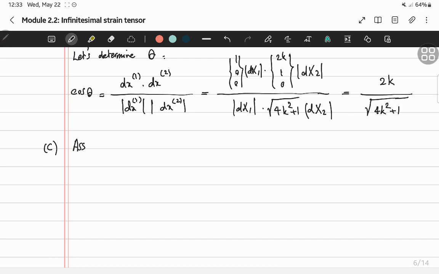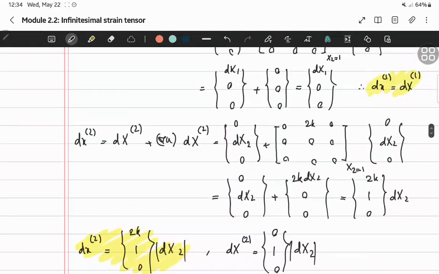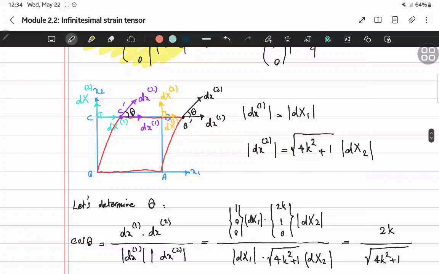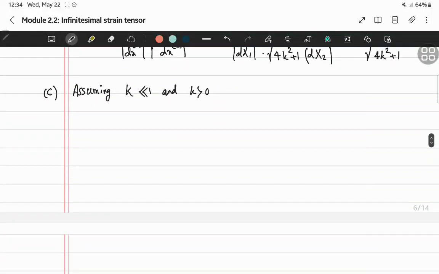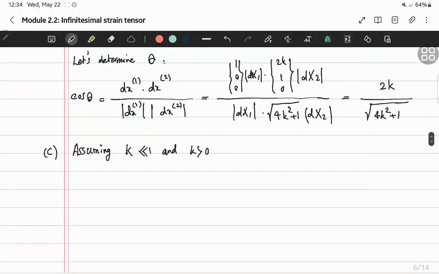So assuming k is very small and also positive, we have a change from half pi, from the two orthogonal vectors, so now the angle becomes smaller. The cosine theta is equal to 2k divided by the square root of 4k squared plus 1.